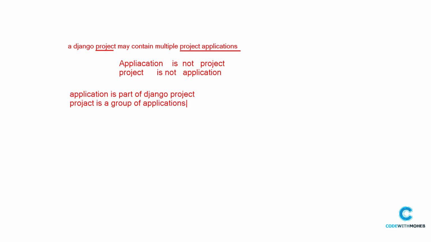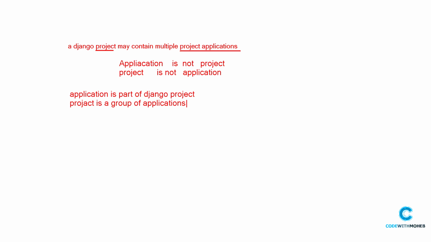These two terms are mostly used in Django projects. Sometimes we use the term application and sometimes we use the term project. So when creating Django projects, we install applications inside project.